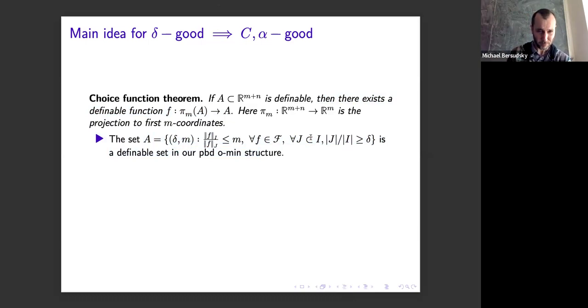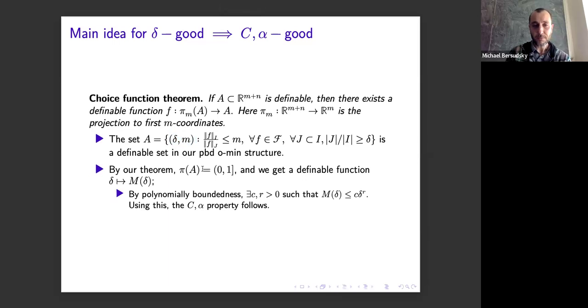For example, if the structure is just semi-algebraic sets, then these delta, M pairs are semi-algebraic. Now, by our theorem, for each delta we have an M. So the projection is (0, 1), and we get a choice function.